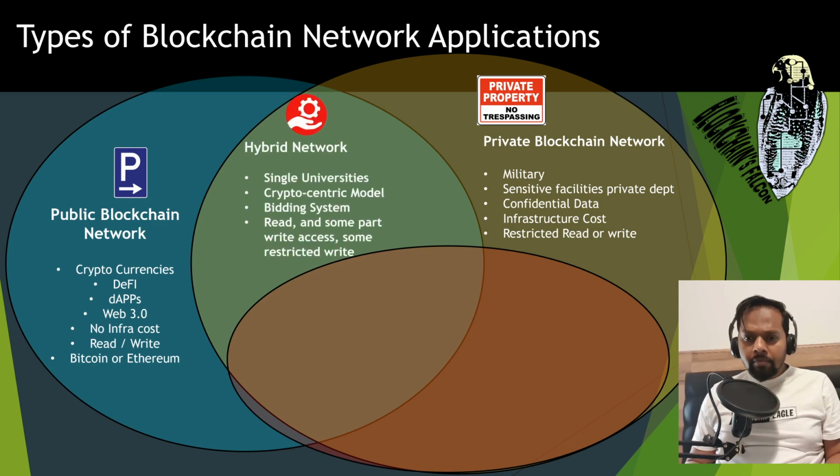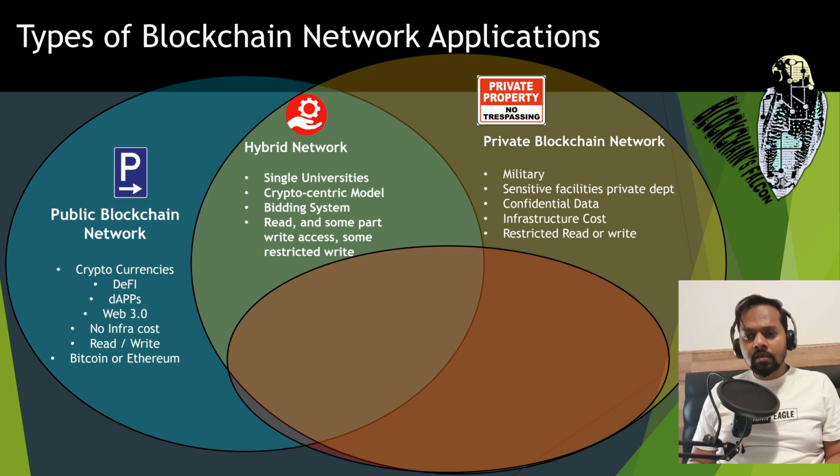When we talk about a hybrid network, which is a cross between the public and private, you can say maybe a university who wants to share some of their documentation or maybe the verification proof on the public blockchain network, so that a person can view this data.